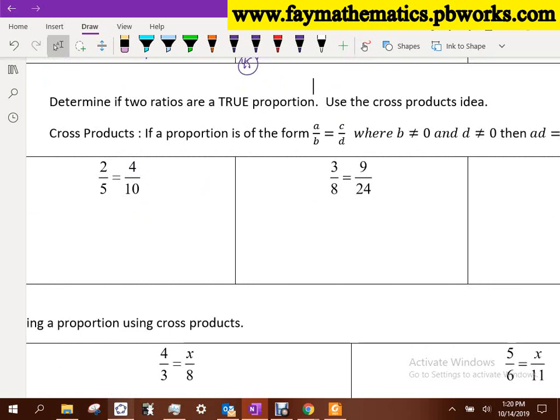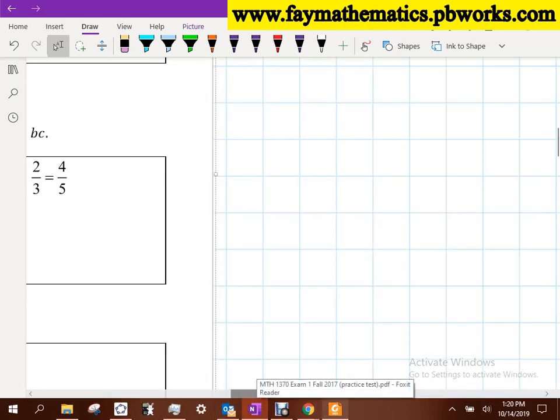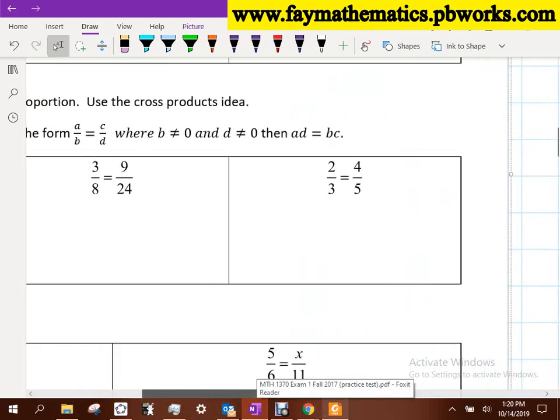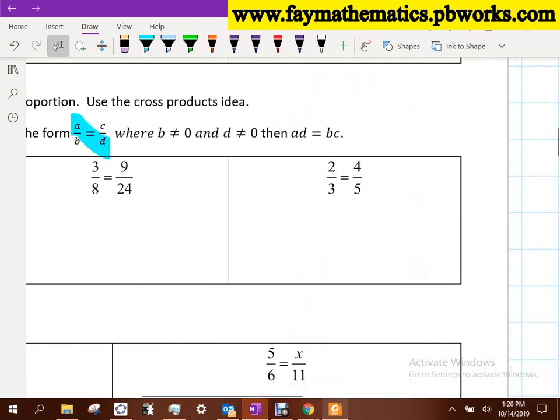Because if a proportion is of the form A over B equals C over D, where A, B, C, and D are any numbers you want them to be, except that B and D cannot be 0, can never divide by 0, then what we get when we multiply those two together, A and D, we get that statement right there. And we're going to multiply these two together, B and C, we get that statement there.